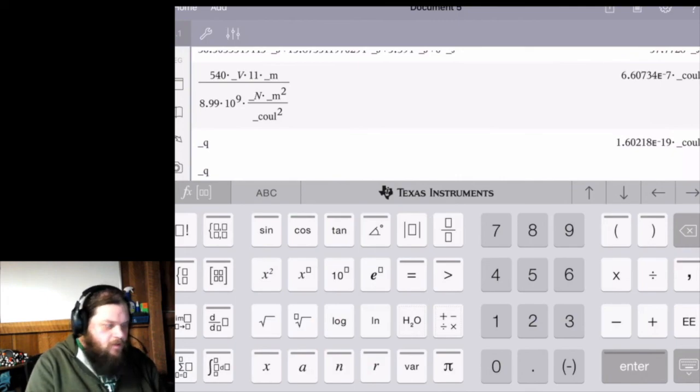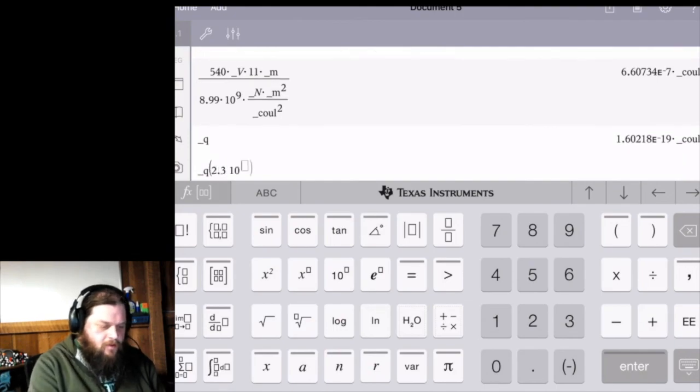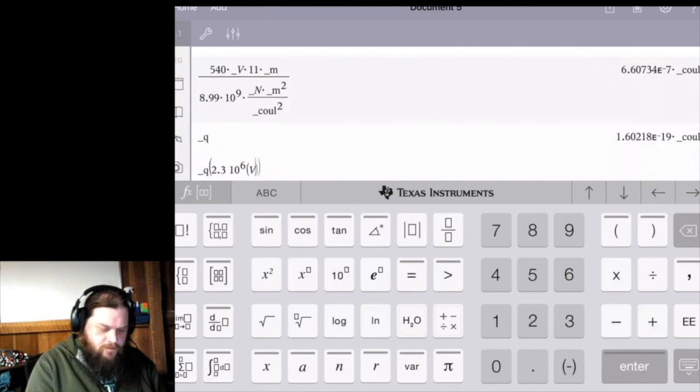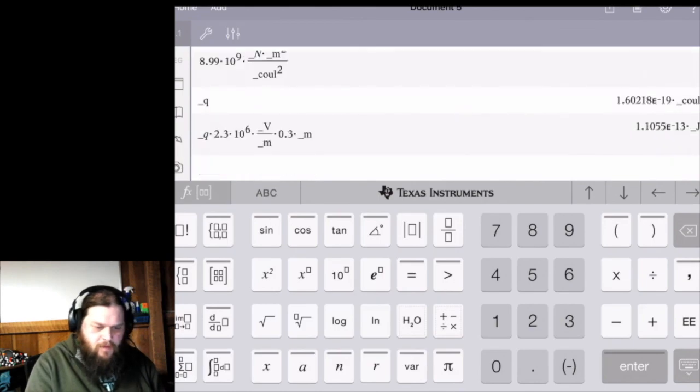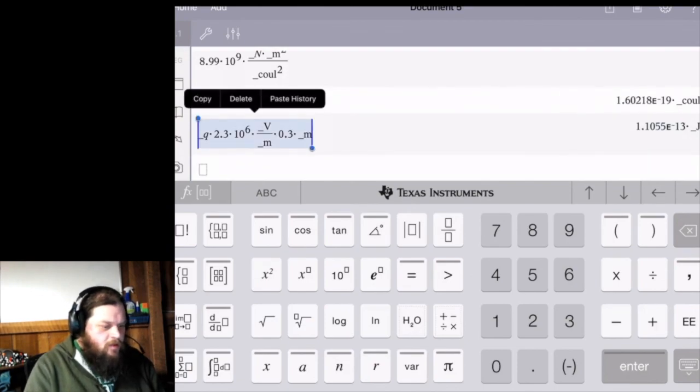So that's Q times 2.3 times 10 to the 6 volts per meter times 0.3 meters. That's 1.15 joules. Something is wrong.